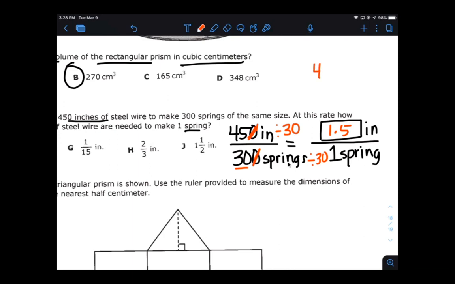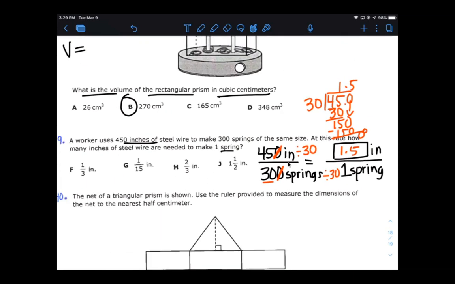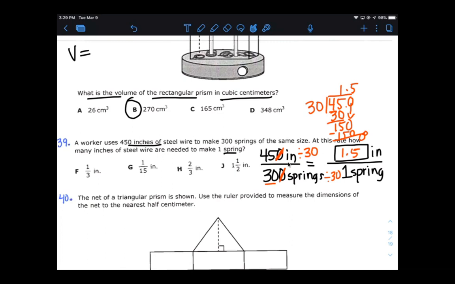Here, 45 divided by 30. 30 times 1 is 30, remainder 15, decimal, drop a 0, and then we have 150, right? Remainder 0. So it's 1.5 inches for one spring, and the equivalent of 1.5 in a mixed number will be letter J, 1.5 inches per spring, right?